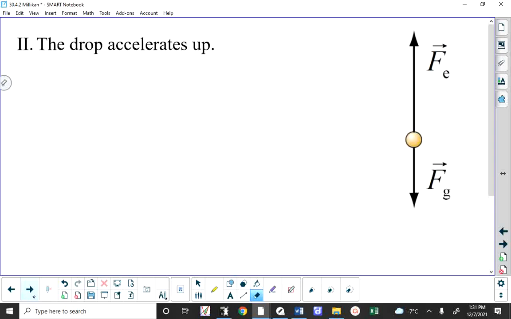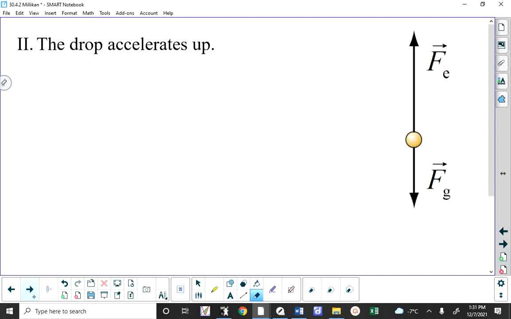What if it was accelerating up? There is only one possible way, assuming the only two forces are electric and gravitational. There is only one possible way for the drop to accelerate up, and that's because there's an electric force up that's greater than the gravitational force down.